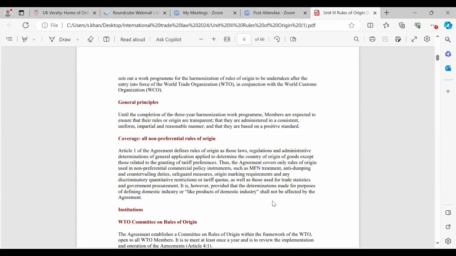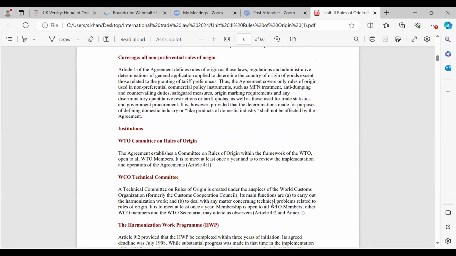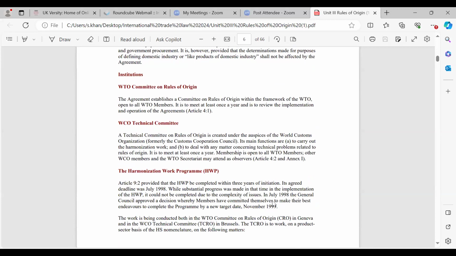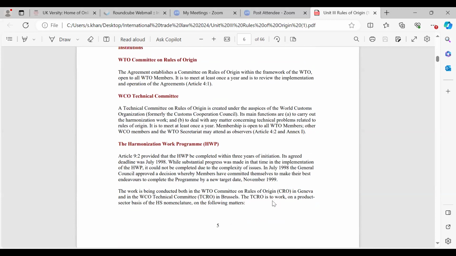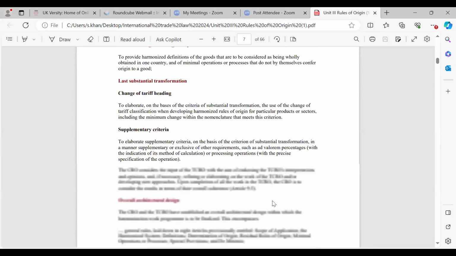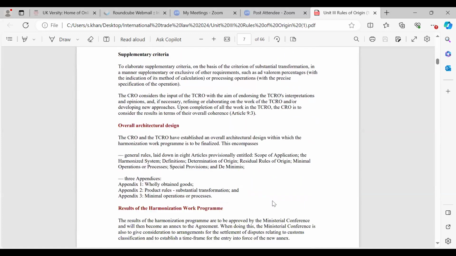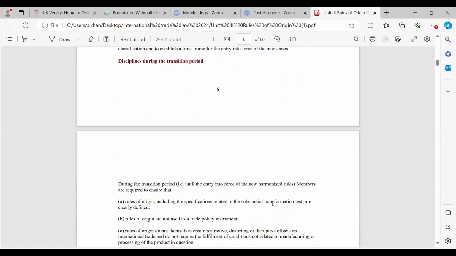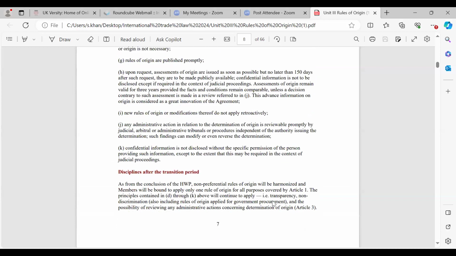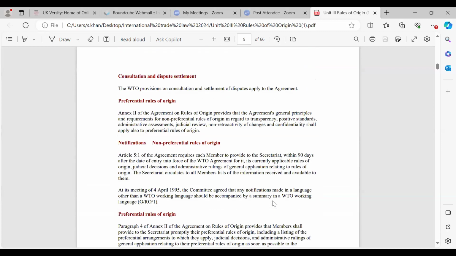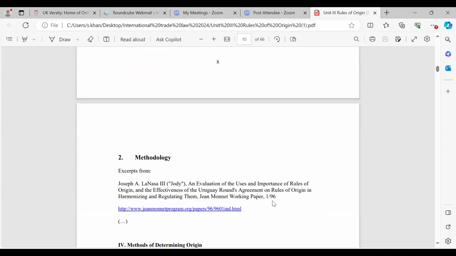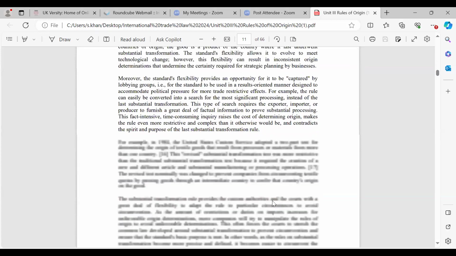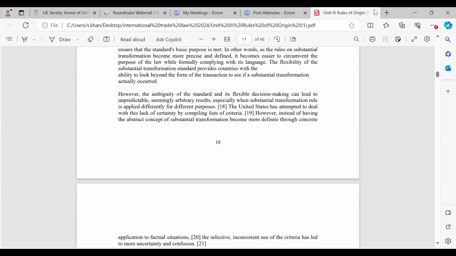It looks at the general principles and the rules around the World Trade Organization, the rules of origin, the harmonization work program within the Geneva Convention, the supplementary criteria, the results of harmonization, the disciplines, the preferential rules of origin, and then substantial transformation between trade. So this is quite a lengthy article as well.